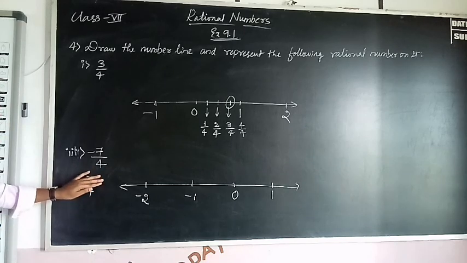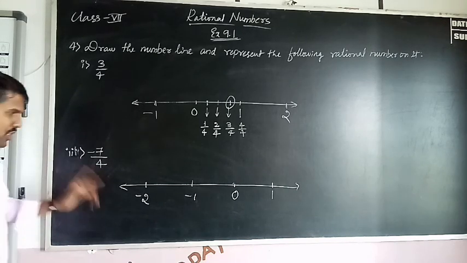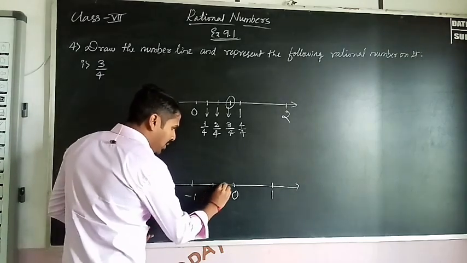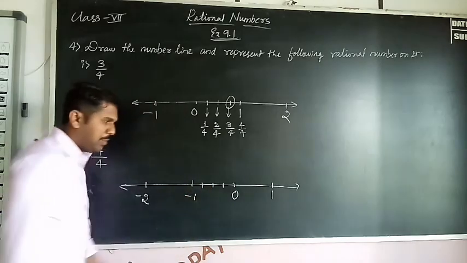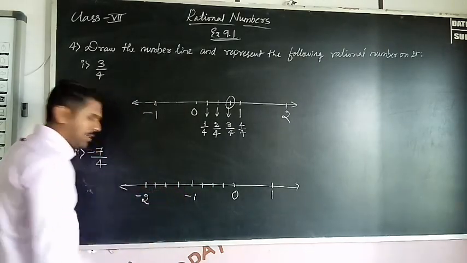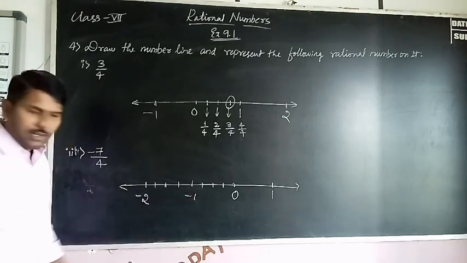Total how many parts? Cancel this one, this is for your simplification. Total how many parts? 4 parts. Next 5, 6, 7. Okay, now write down the fractions.